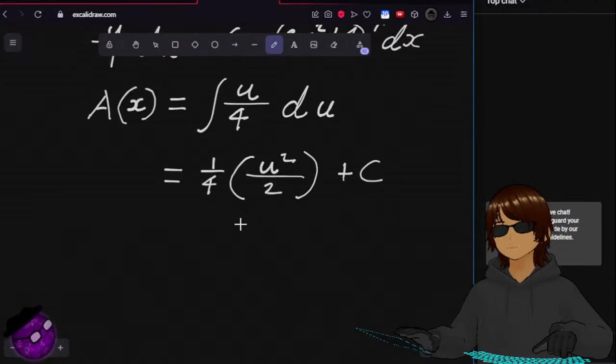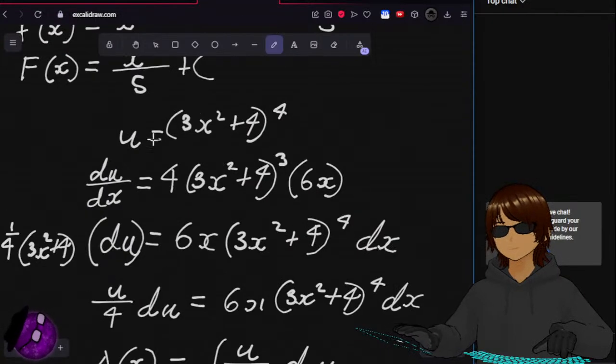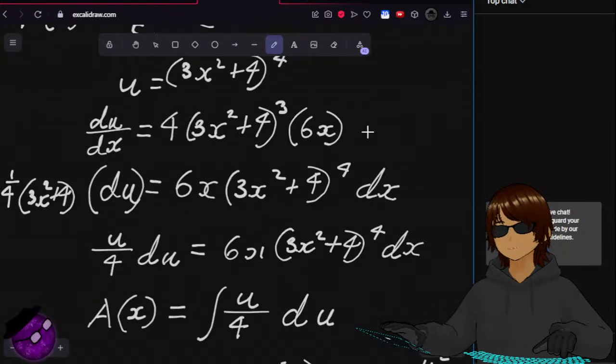I don't know. But u squared divided by 8 doesn't give this answer.